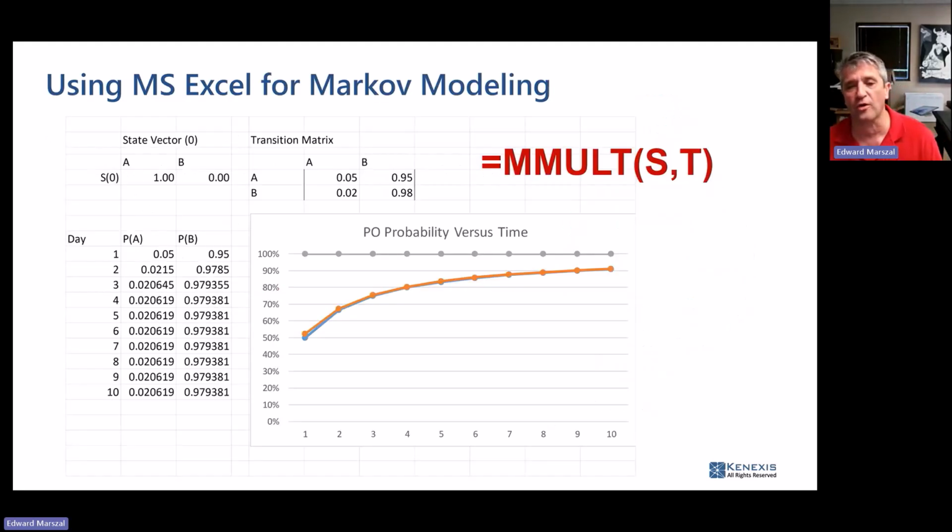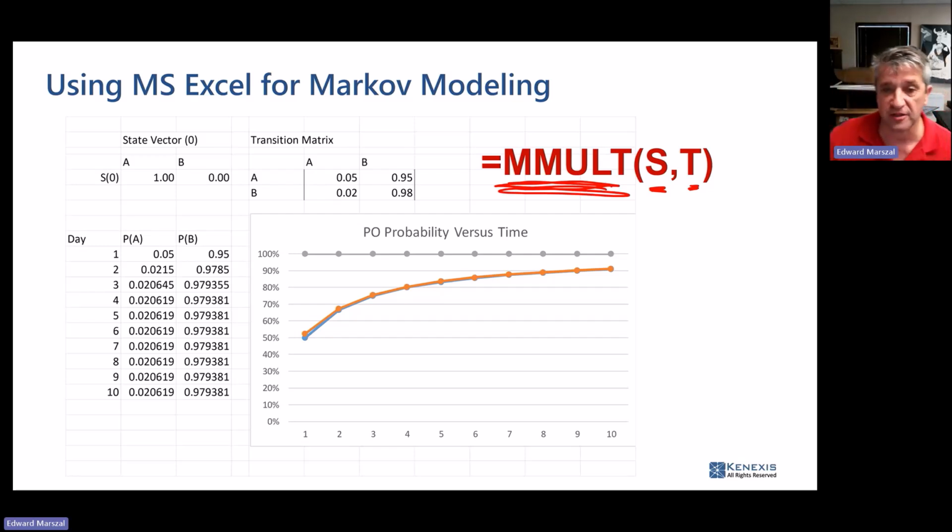So it's a simple matrix multiplication. And in the modern world, we don't need to worry about how you actually do the matrix multiplication by hand because we have Excel. So in Microsoft Excel, the formula name is MMULT. So MMULT is the formula, S is your state matrix, T is your transition matrix.